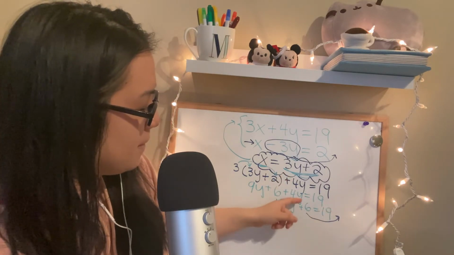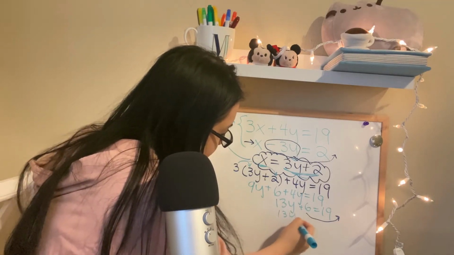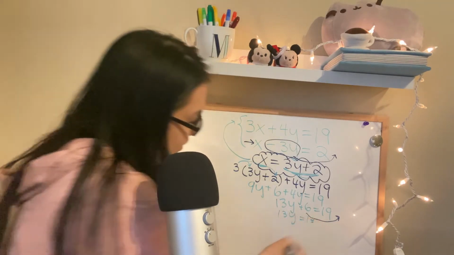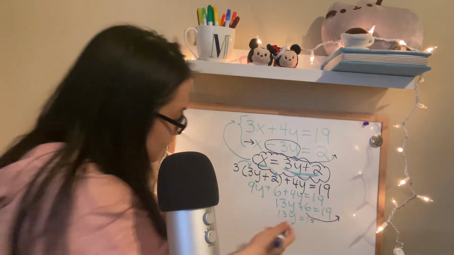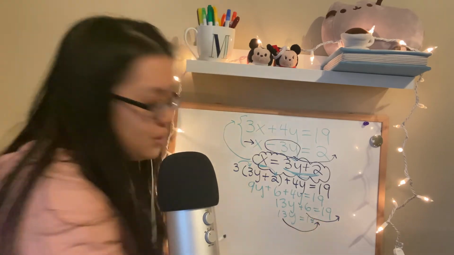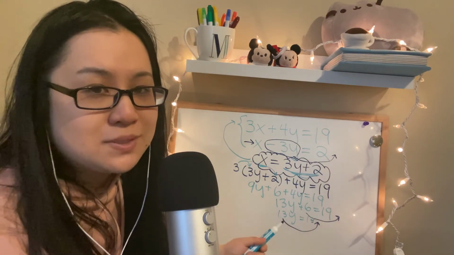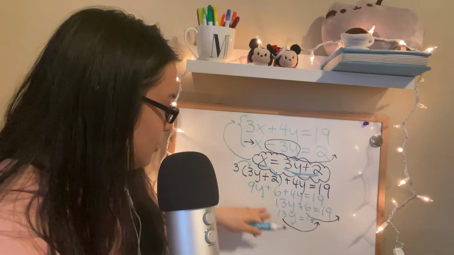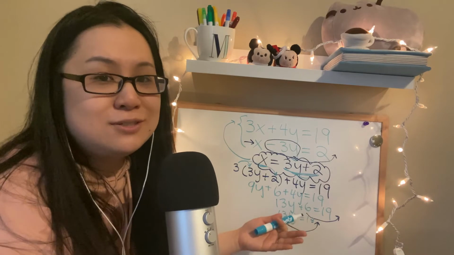So 19 minus 6 is 13 indeed. And then to move this 13 over, you divide, because dividing is the opposite of multiplication. So y equals 13 divided by 13, which is 1.